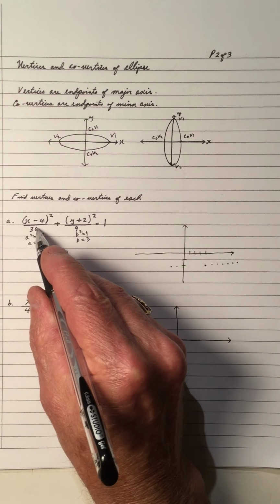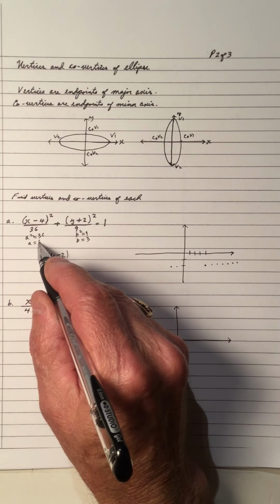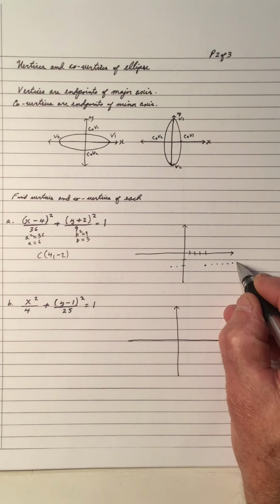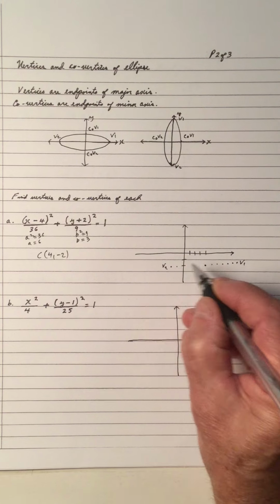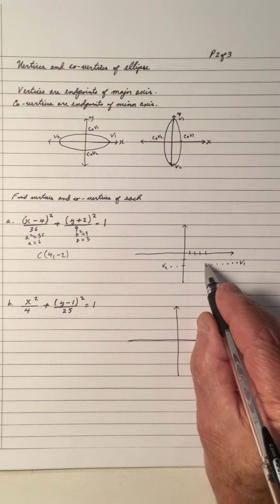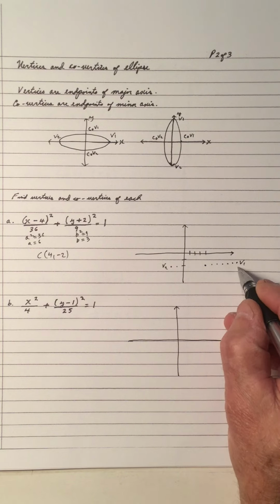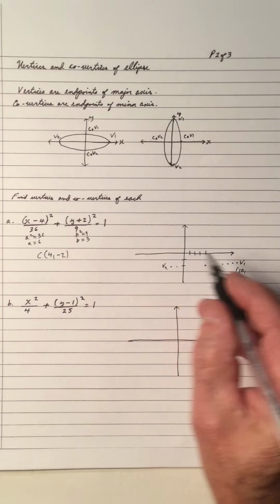So notice 36 is bigger than 9, so the stretch of 6 is bigger than the stretch of 3. So these are the vertices here. And if you count these, you get 4, 5, 6, 7, 8, 9, 10. So x is 10 and y is -2.